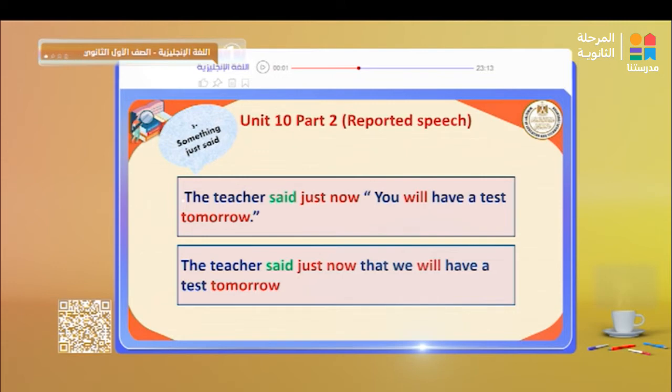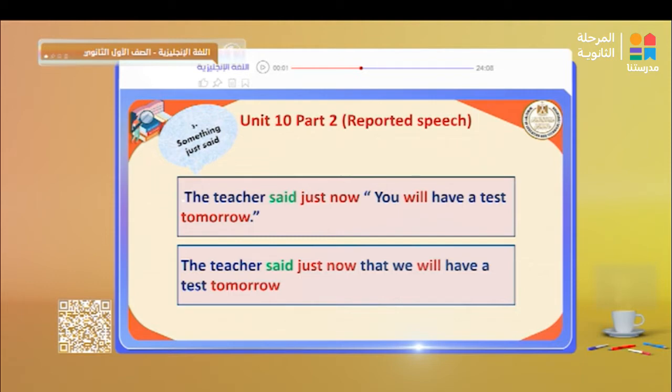Number three, when something is just said. When something is said a short time ago, we don't change into the past. The teacher said just now, "You will have a test tomorrow." The teacher said just now that we will have a test tomorrow. As you see here, the word will didn't change into would. Although we have the verb said in the past, we don't change will into would.